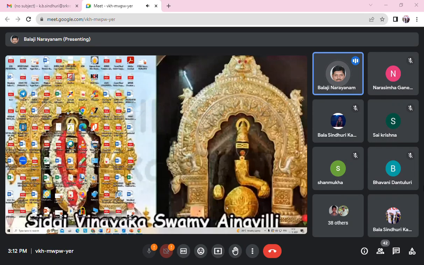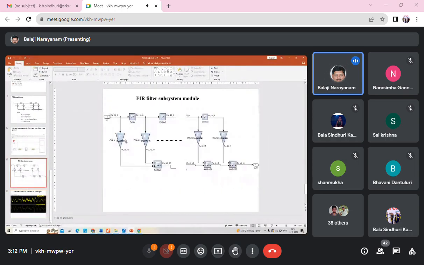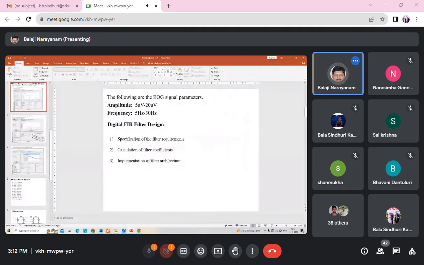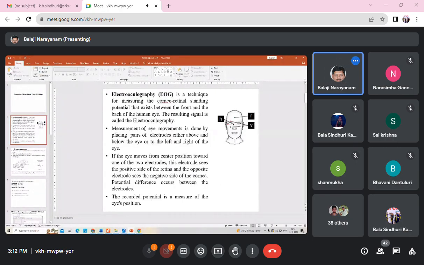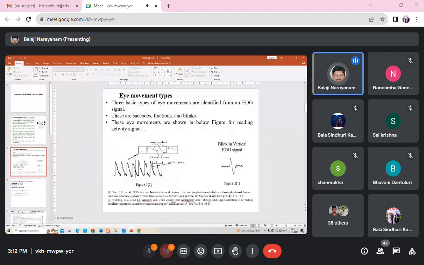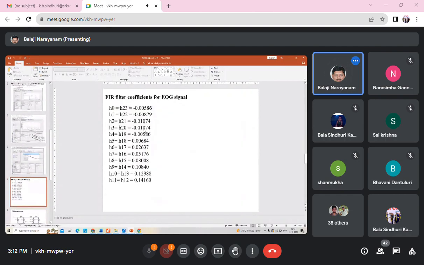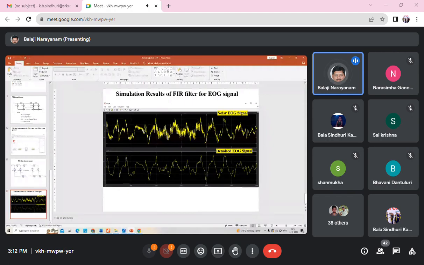You should ensure that both the Xilinx Vivado version and the MATLAB version are compatible to have the system generator feature, so that you can implement the same on the FPGA using the Xilinx system generator feature.